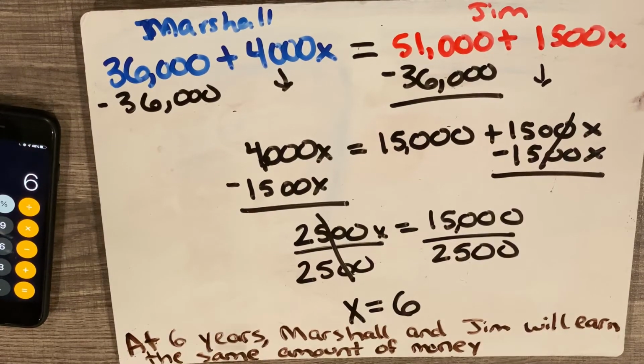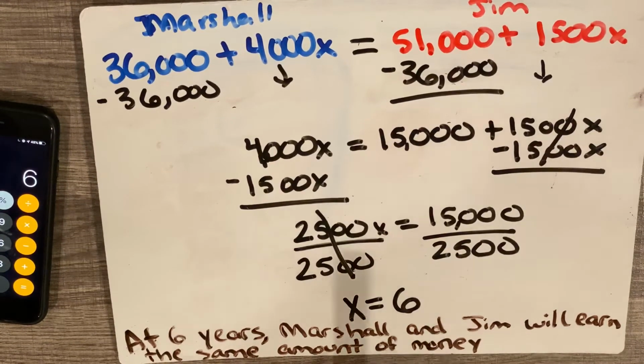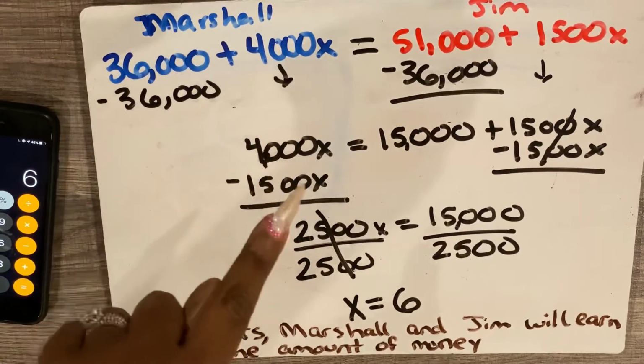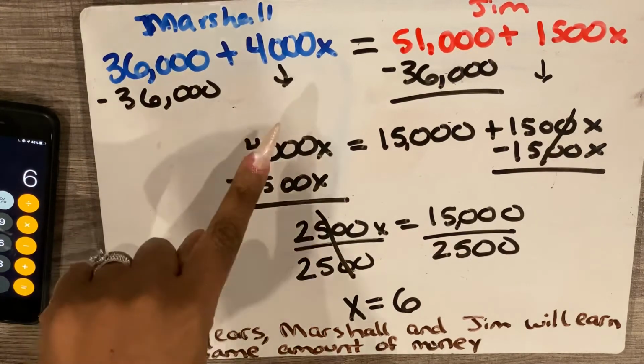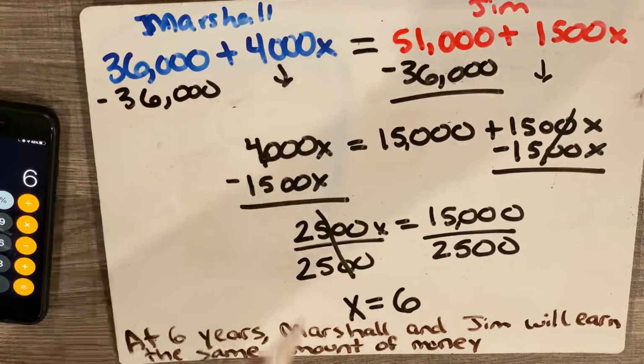once you get to 7 years, Marshall, who started off making less money, is going to earn more money than Jim. Because this is where they are going to be the same. But because Marshall earns more money every year than Jim, Marshall is always going to earn more money than Jim.